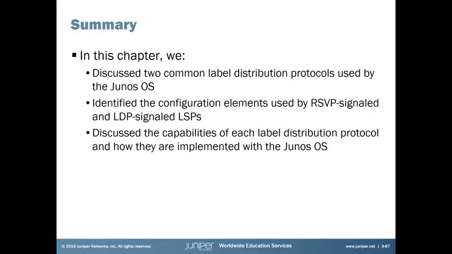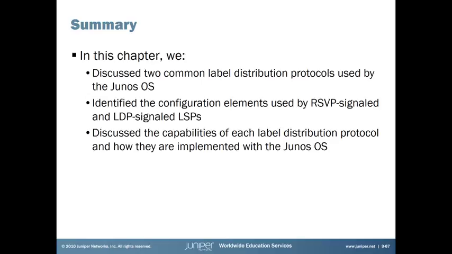And what we discovered is that they will dynamically create a label switch path for us. We also discovered that with RSVP we can do traffic engineering, and we can create these things called explicit route objects that determine exactly where the traffic goes through our network. We can also reserve a certain amount of bandwidth that we want for our path.